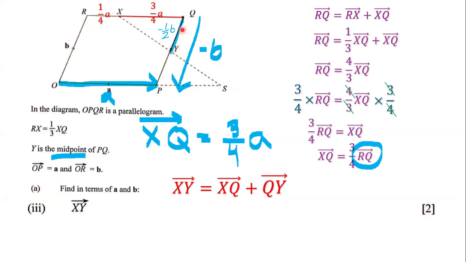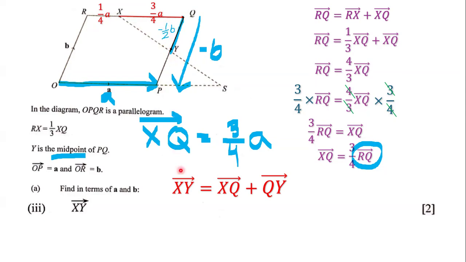So that means that this portion is only a half of the entire thing. The entire thing is negative B, so QY would just be negative a half B. And so if Y is the middle, and we're going from Q to the middle, then we're just going halfway. So it's negative a half B.